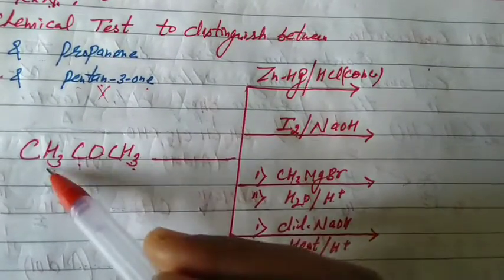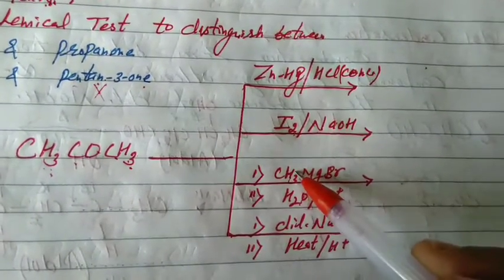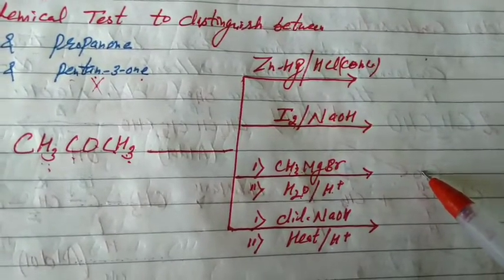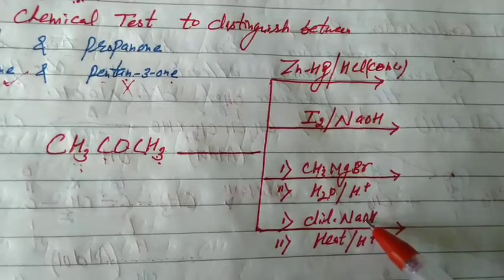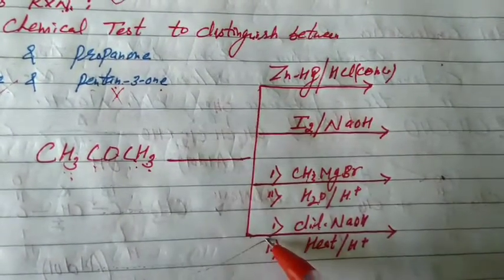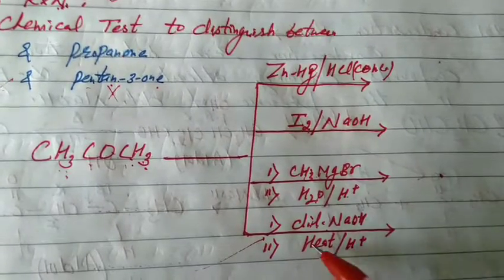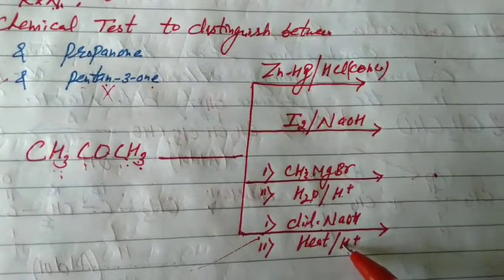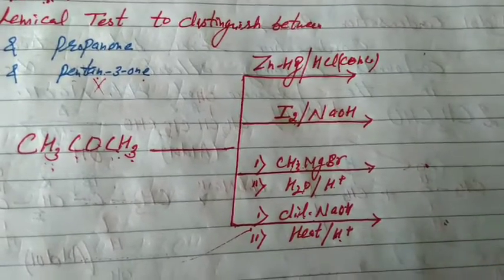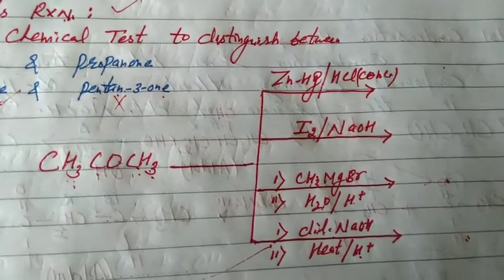It is a ketone that already has 2 methyl groups, plus one attached from RMgX, R, so it will definitely give a 3 degree alcohol. And last, dilute NaOH. Students, a carbonyl compound with dilute NaOH having alpha hydrogen undergoes aldol condensation. And the aldol upon heating in acidic medium, that is water is eliminated as a byproduct, gives an alpha beta unsaturated carbonyl compound. Do up to this. Thank you.